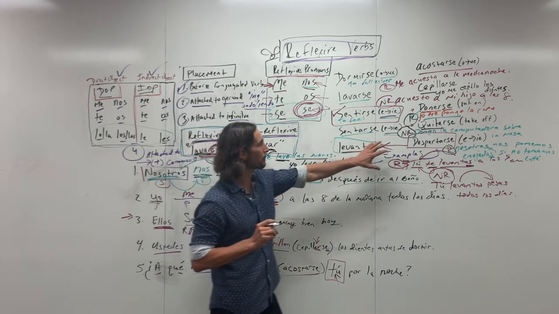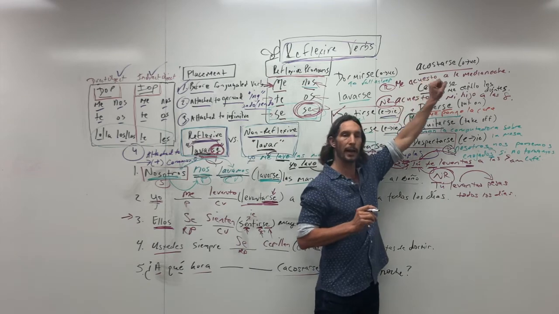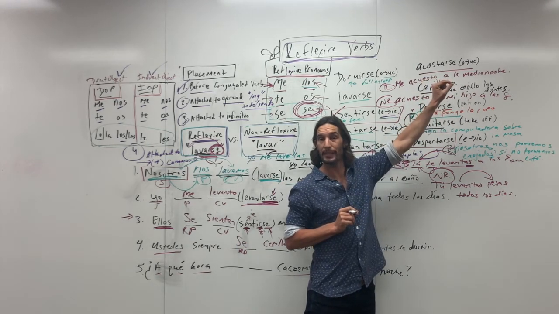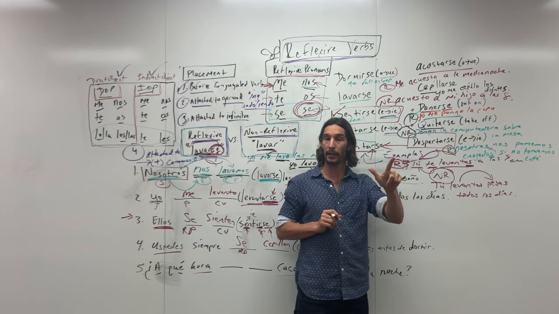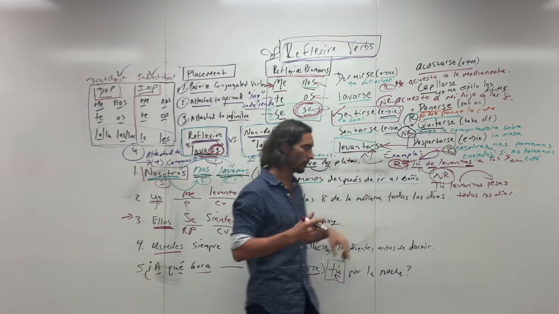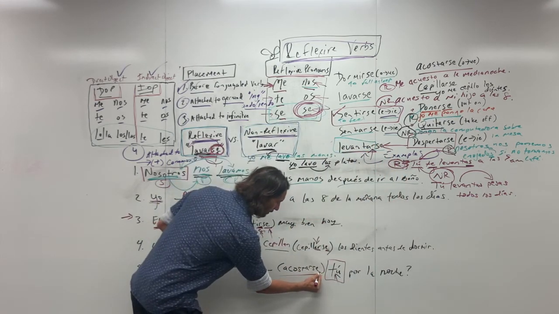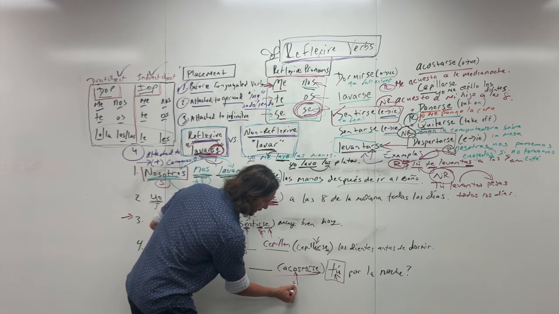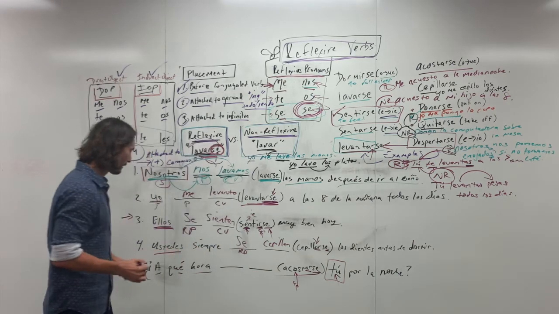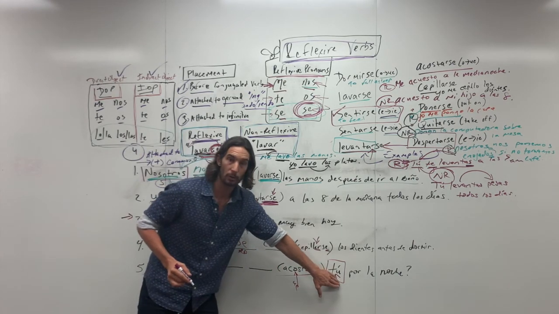And so, a qué hora acostarse. Now notice, there it is, acostarse is an O to UE stem changer. So we've got stem change, reflexive pronoun needs to agree, and we have the conjugated verb, of course. And so we have our reflexive pronoun, we've got our ending, and then this right here needs to become UE, right? And of course, this needs to agree with tú.